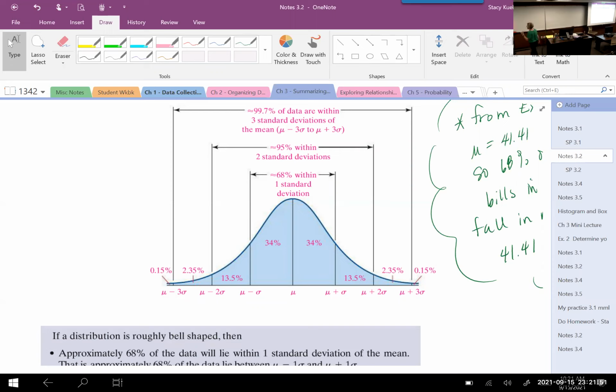Remember, we're thinking of a histogram. Picture this as a histogram. The tallest bars are where most of our data is occurring, isn't it? And as I move out to the tails, those are the smaller bars. There's less data in those bars. So you put those pieces together, right? The majority of our data is happening in the middle.